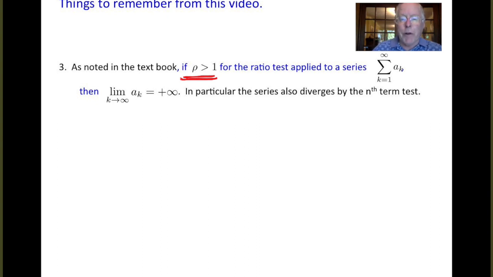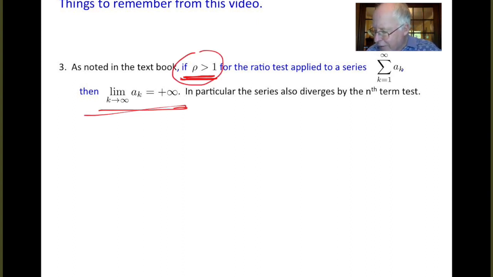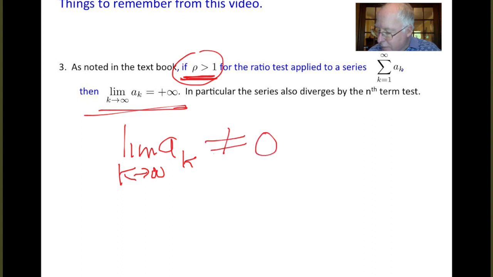But in fact, with a little more work, and we'll see some of this work in another video, you can show that if this happens, then actually the a sub k's are going to infinity. So in other words, the limit of a sub k as k goes to infinity, in this case, is not equal to 0. And so actually this is really an nth term divergence test case.